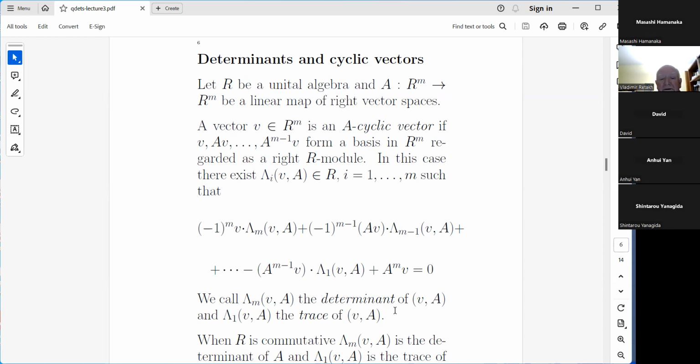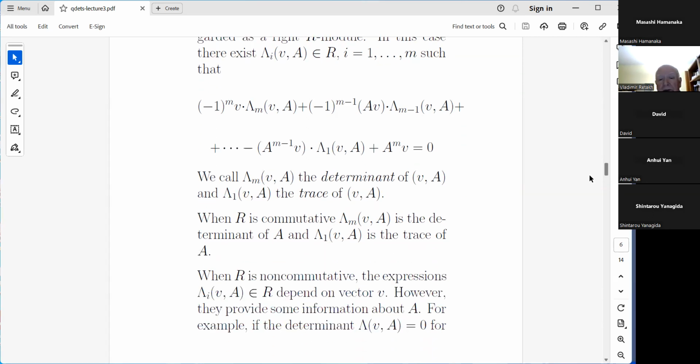We will see some examples later. If R is commutative, then lambda m is the determinant of A, and lambda 1 is the trace, and they do not depend on your cyclic vector. Any cyclic vector will give you the same result.